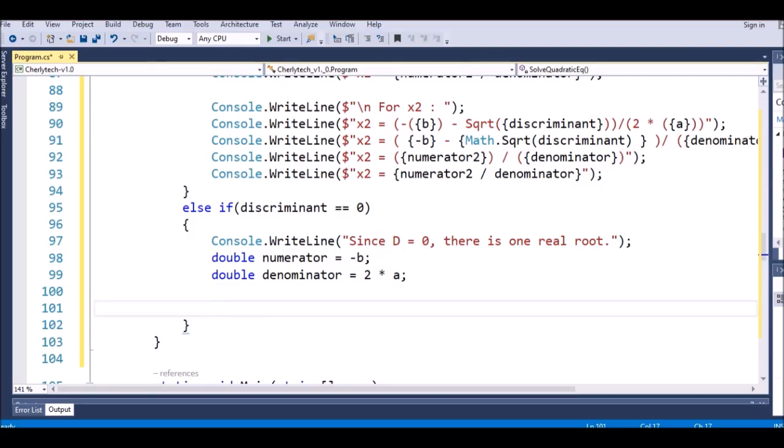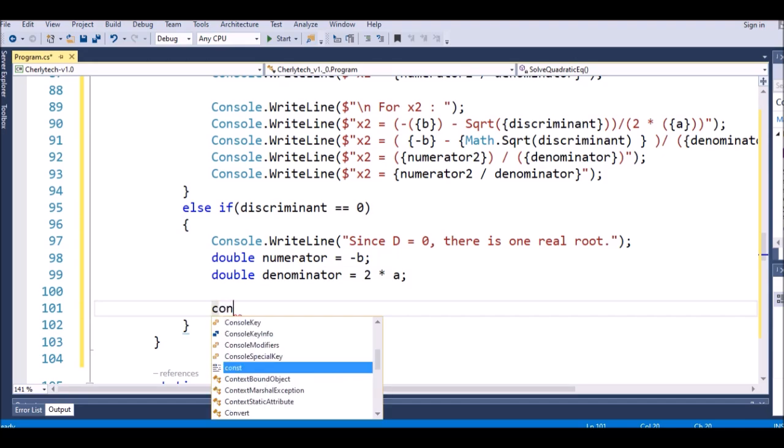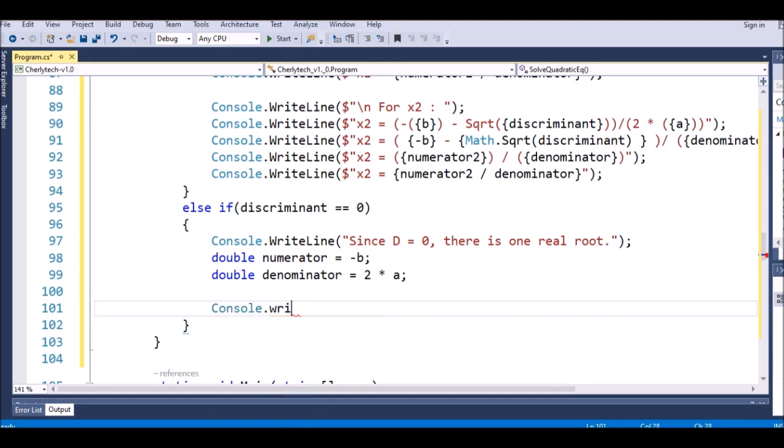And then you show the console, write this one.